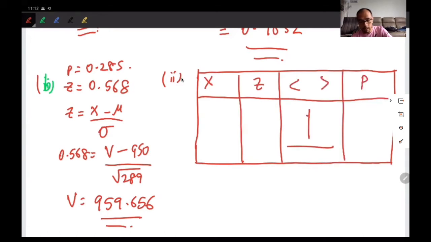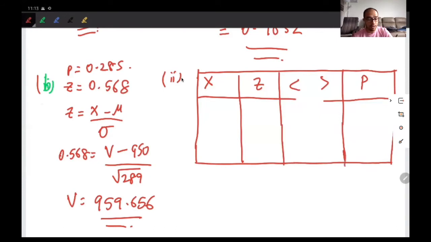This is the table method that I usually teach my students.